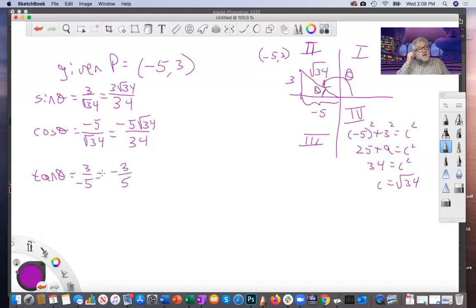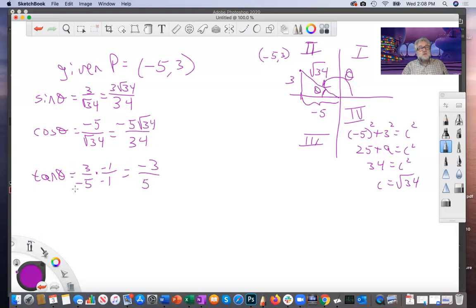But I'm not going to leave the negative in the denominator because that's just weird. So I can multiply top and bottom by negative 1. So if I multiply top and bottom by negative 1, this will become negative 3 over, and minus times minus is plus.